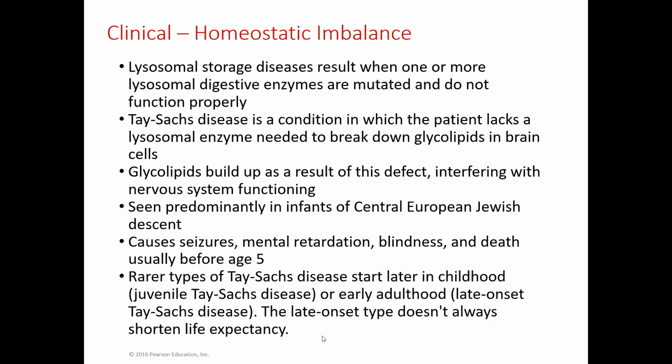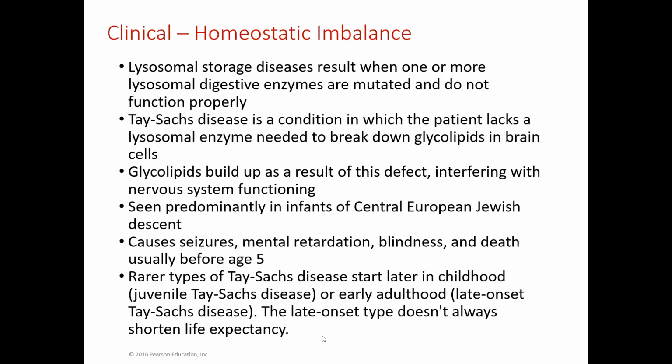It is nearly always fatal to children. However, now there are conditions where it can start later in life. It can start in adolescence. It can start in young adults, and it's not fatal there.